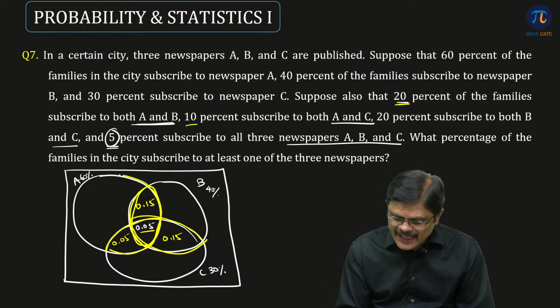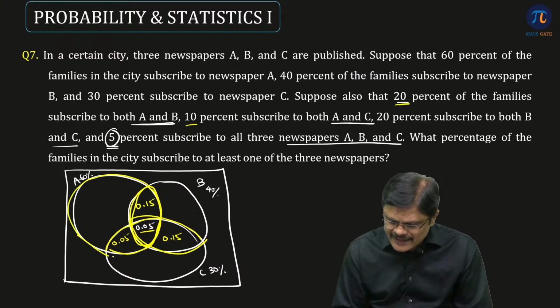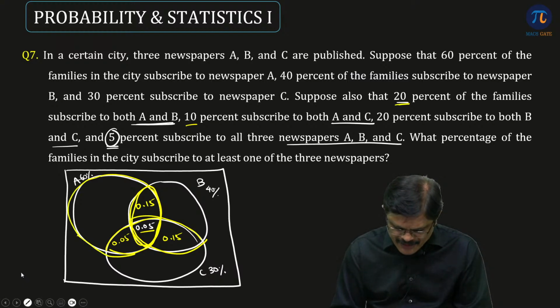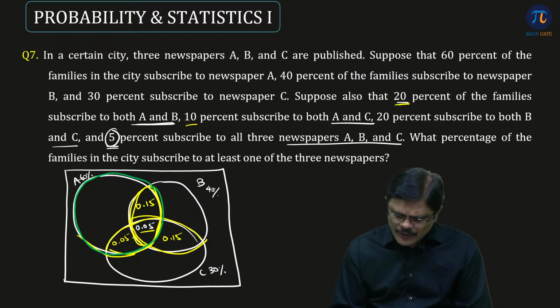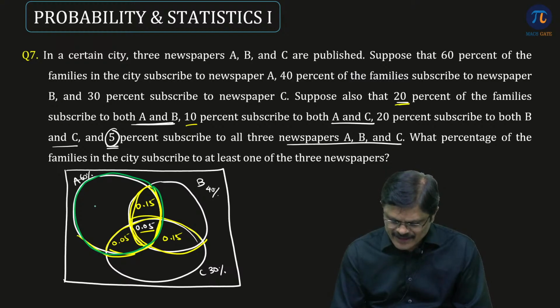Now if you see A, total A is 60%. So let us use a different color. For A, if you observe, this total is 60%. But out of 60%, here 25% is already gone. So how much percent is remaining? 35. That is 0.35.